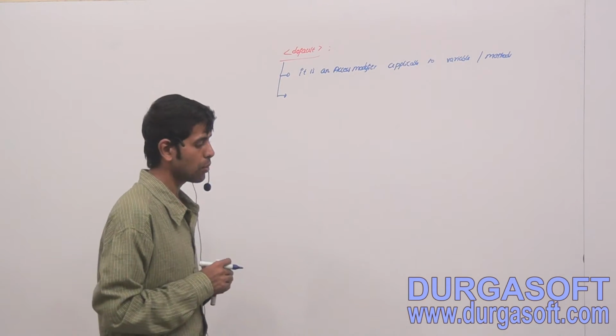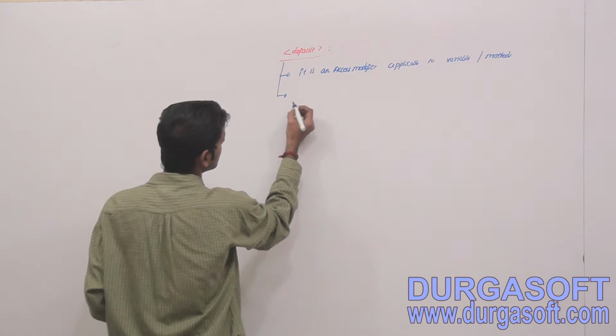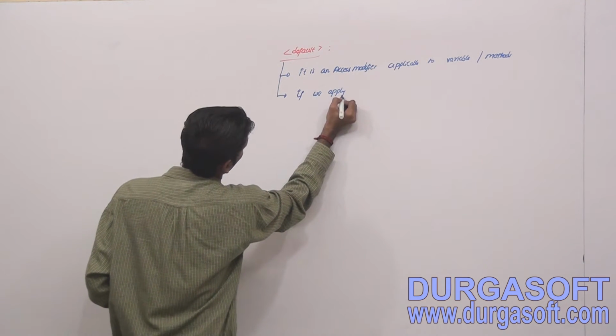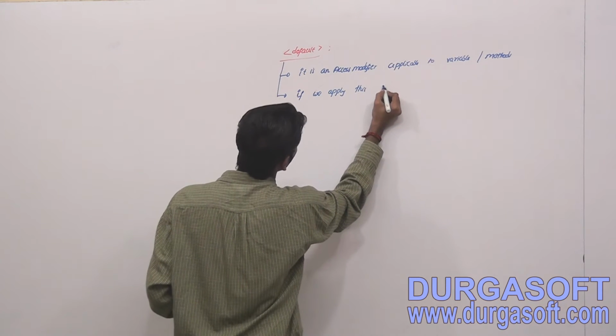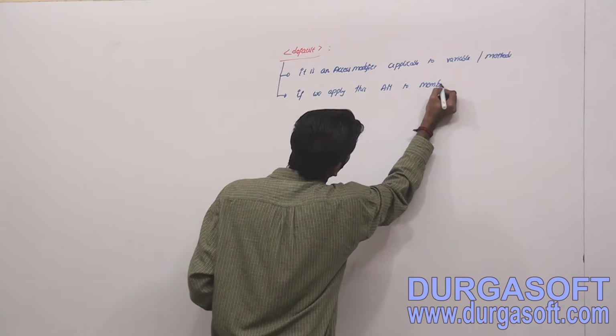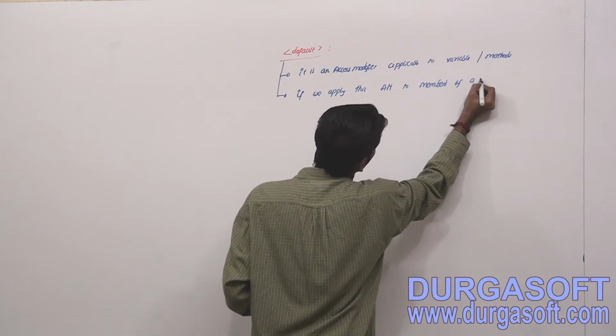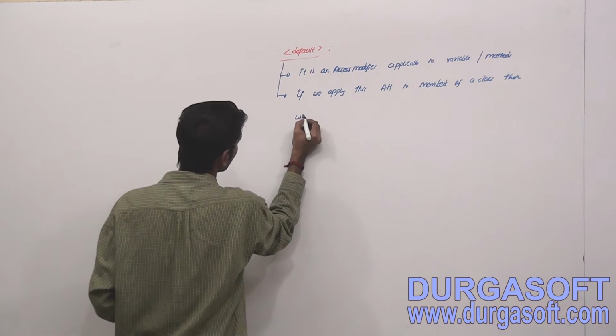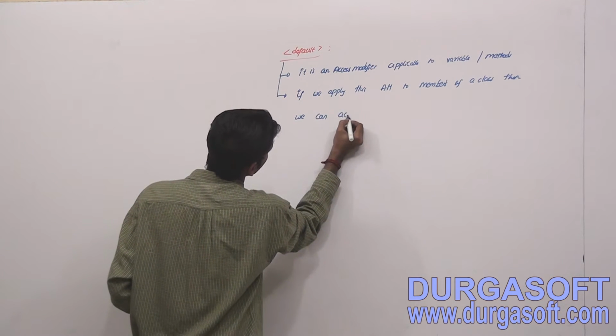Please try to observe here. If we apply this access modifier to members of a class, then we can access.